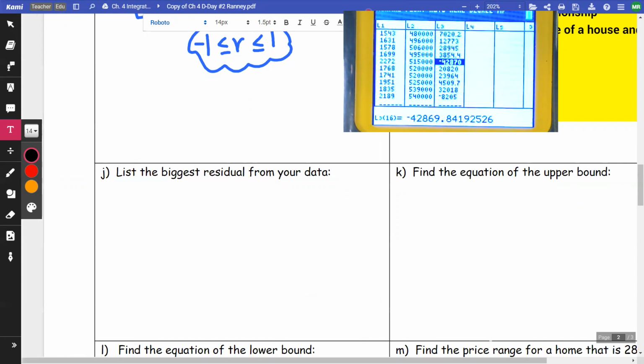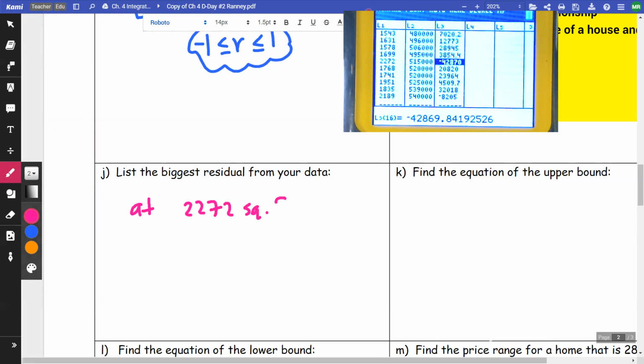So the biggest residual occurred at 2,272 square feet, where the residual was -42869.84.